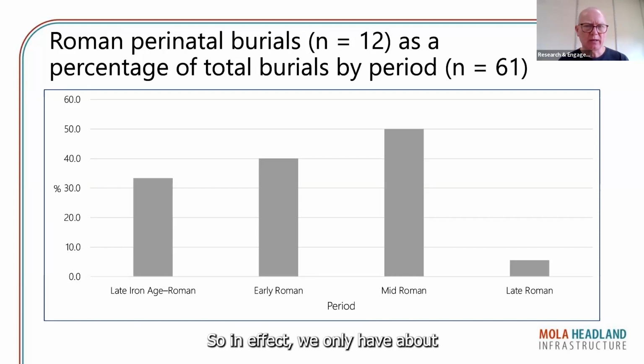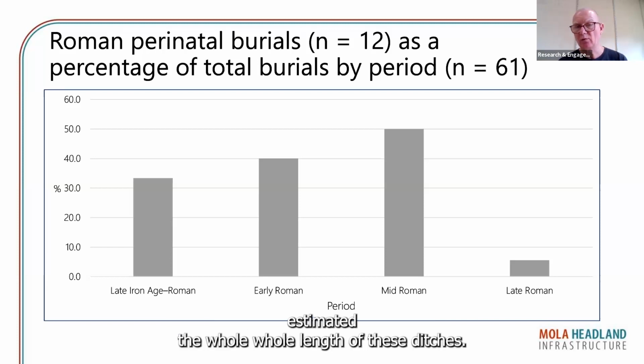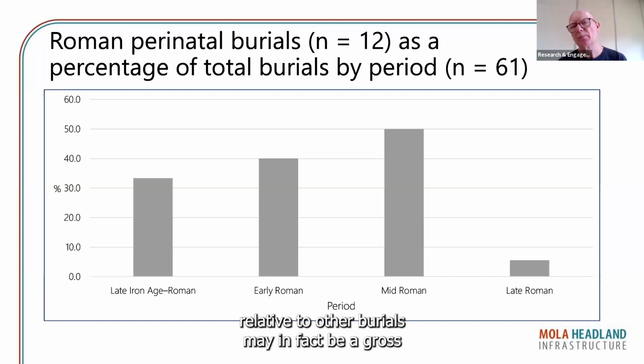So in effect, we only perhaps have about 10% of the number of perinate individuals that we would have if we excavated the whole length of these ditches. So in fact, these high proportions of perinates relative to other burials may be a gross underestimate.